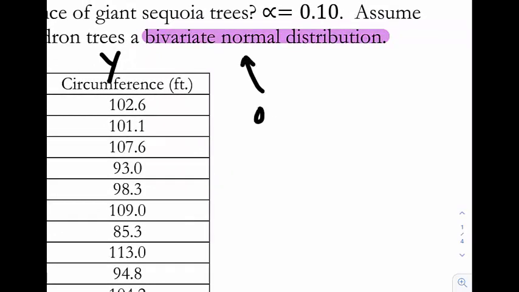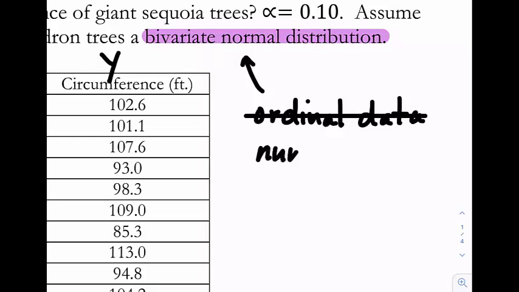Also, and we won't get into too much detail, you have to have ordinal data. The safest way to handle that is to just go with numerical data. If it's a number, obviously we don't have to worry about it; it is an ordered set.